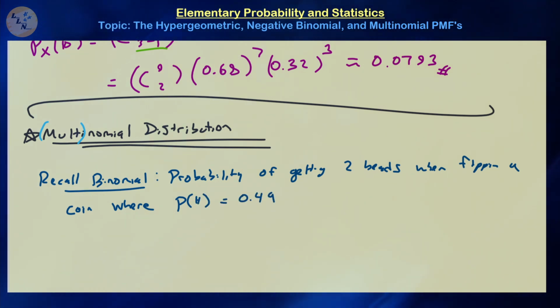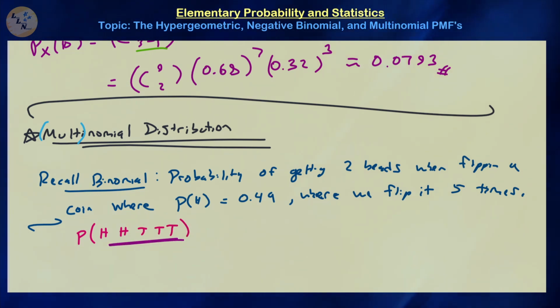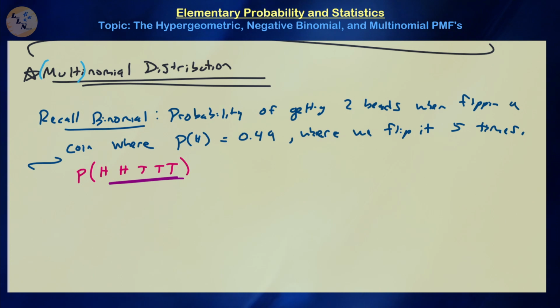And let's assume we flip it 5 times, right? So we can solve this via a binomial distribution problem. So that means we're interested in heads, heads, tails, tails, and tails. And of course, these all can be rearranged. For example, we can have 3 tails, 2 heads, or T, H, T, H, T, or any rearrangement thereof. So this is definitely a binomial distribution problem.